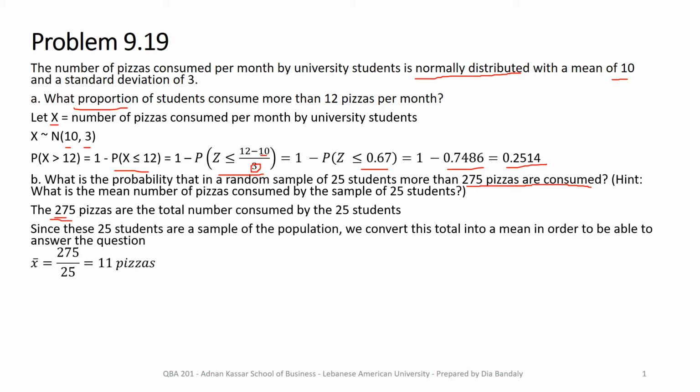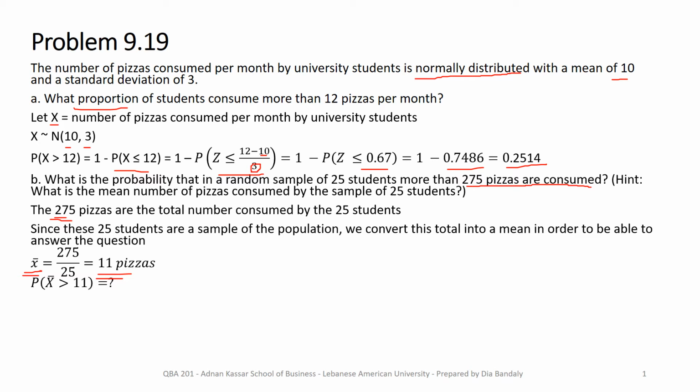So 275 means that these 25 students have a mean X bar equal to 11 pizzas. So the probability that 25 students consumed more than 275 is equal to the probability that their mean X bar is greater than 11.